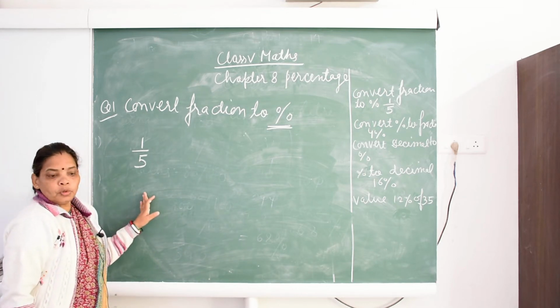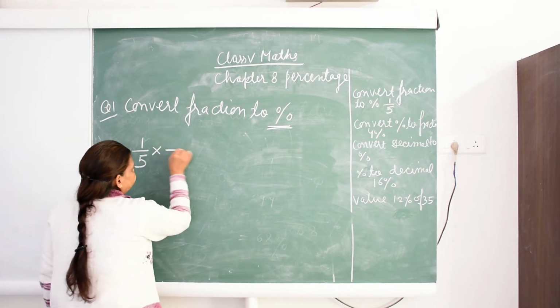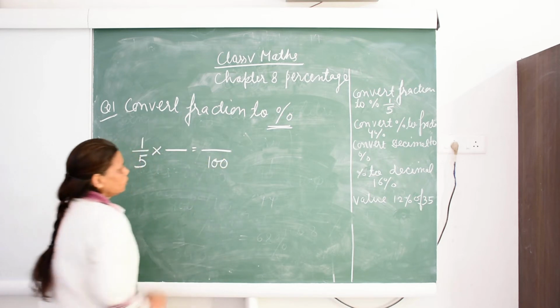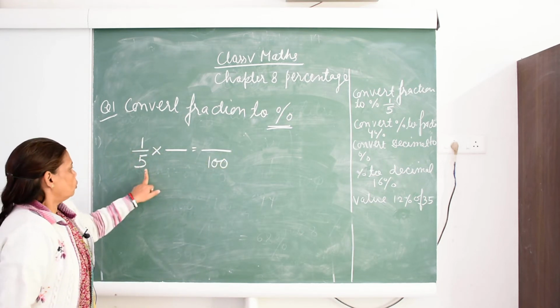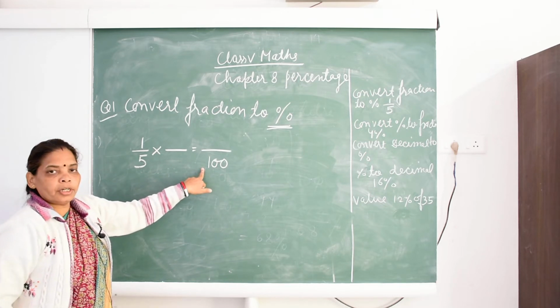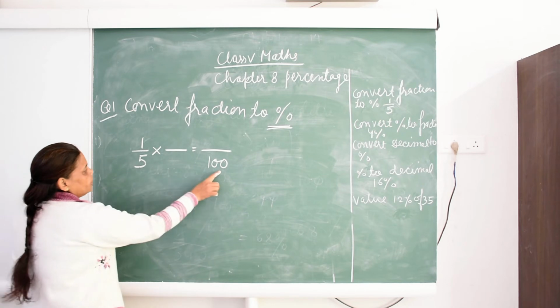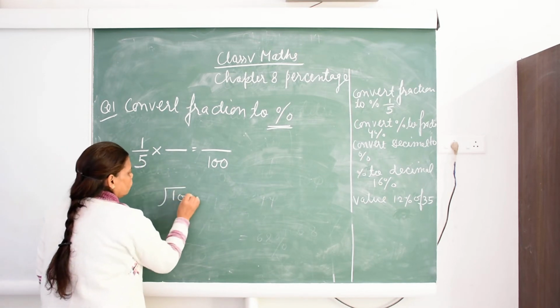In your book, 2 methods are given. First we make this denominator 100. So how do we make 100? That we already did in the fraction chapter. You divide 100 by 5. So you are getting 20.